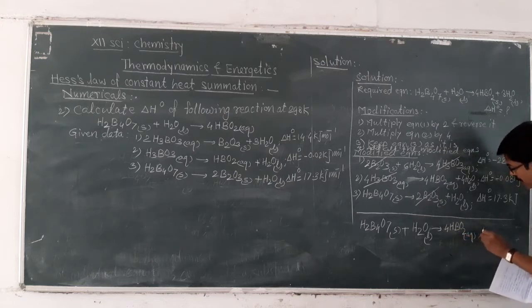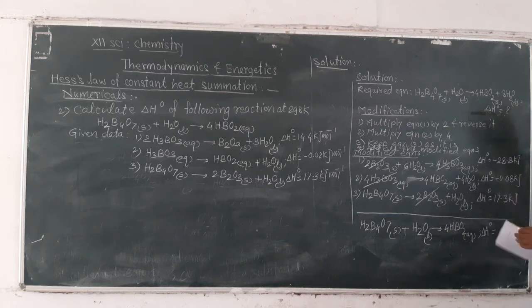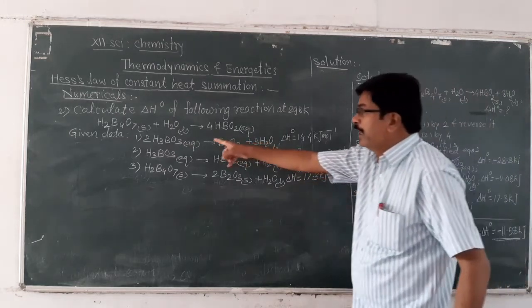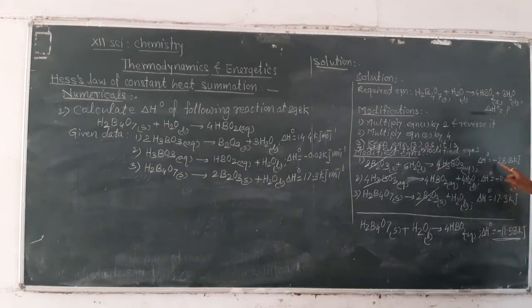The enthalpy change of this reaction is obtained by adding all these values. It comes to minus 11.58 kilojoule. This is delta H naught of the given reaction. The negative value is bigger than the addition of these two, and therefore minus 11.58 kilojoule is the answer of this problem.